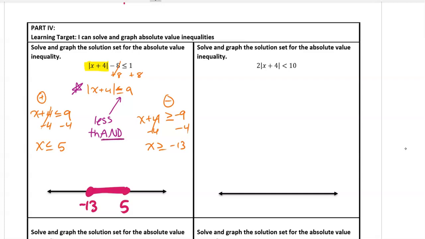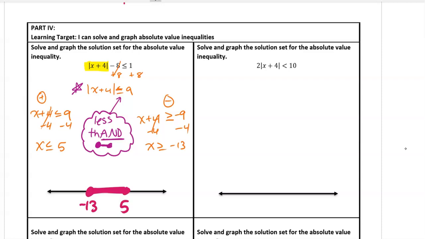Focus on the word and. The word and puts two things together, like mac and cheese, peanut butter and jelly, chicken and waffles. Those are all things that go together. So when we think less than, the and means we're combining in the center. The equal sign on that inequality means we're coloring in the circles.